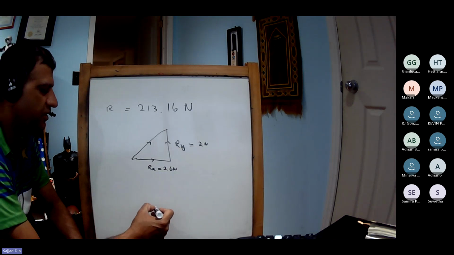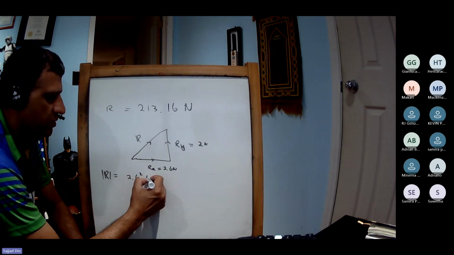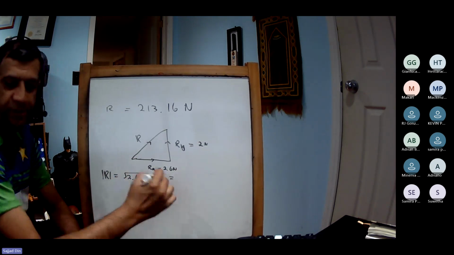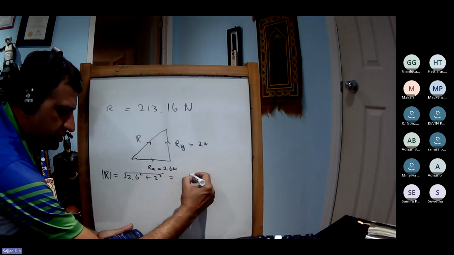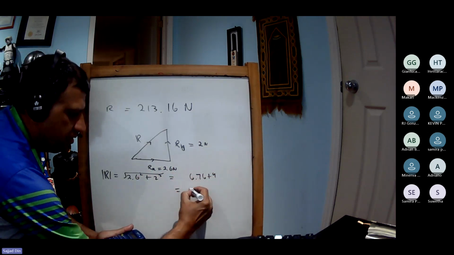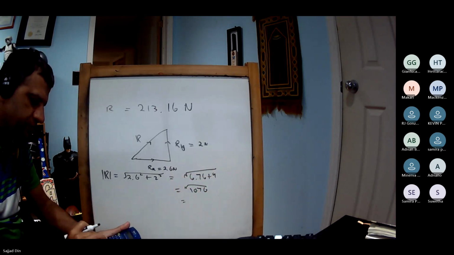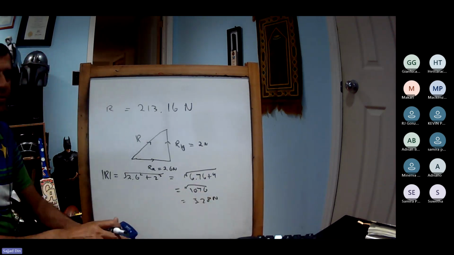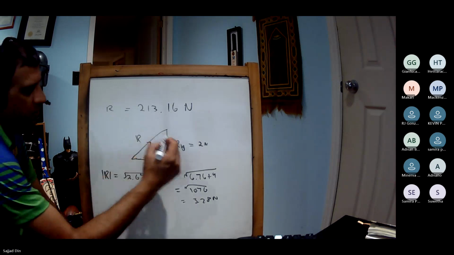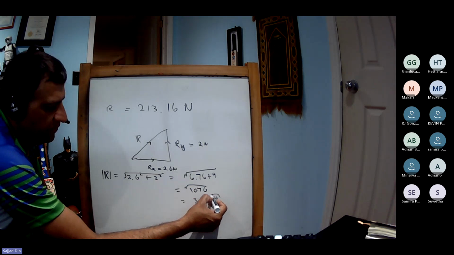The magnitude of R is equal to the square root of 2.6 squared plus 2 squared. 2.6 squared is 6.76, plus 4 is 10.76, square root. You have an answer of 3.28 newtons. Don't forget to put the direction, and then the unit. This has been missing in a few cases for some of you.